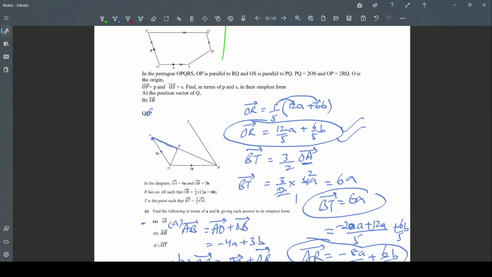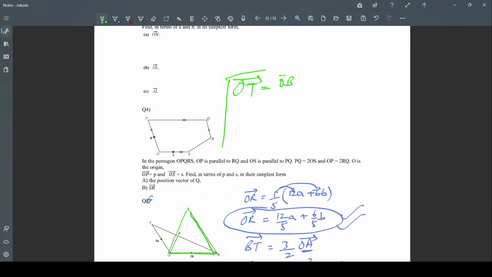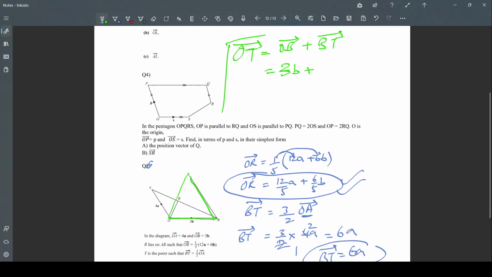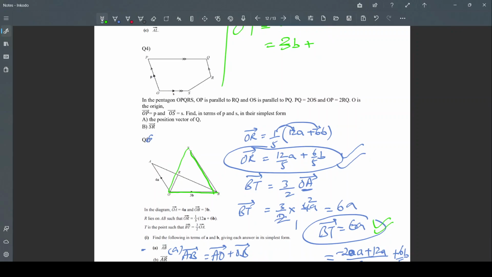OT is from here to here, right? To get from O to T, we can go OB and then BT. OB vector plus BT vector. OB is plus 3B, same direction. So I'll write 3B plus the BT vector. It's given here: BT is 6A. That's done. This is your final answer.